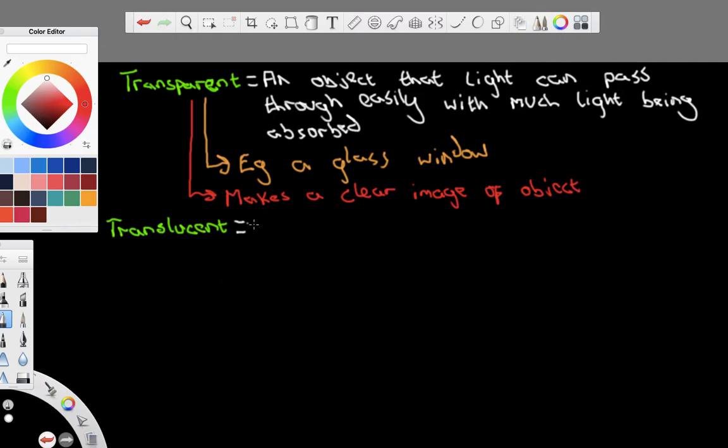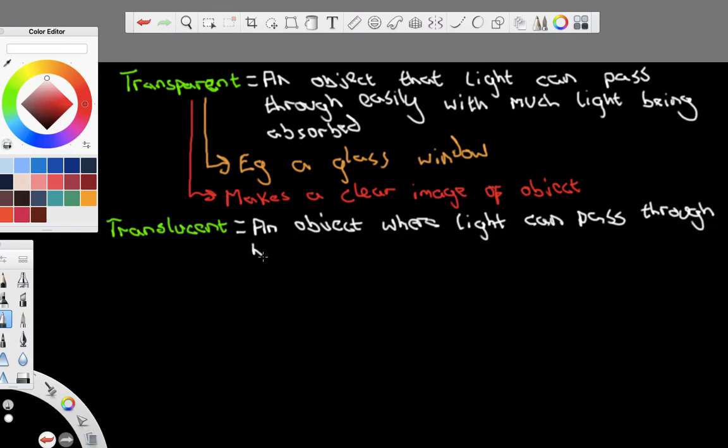So an object where light can pass through but is scattered so that an object is not clear.